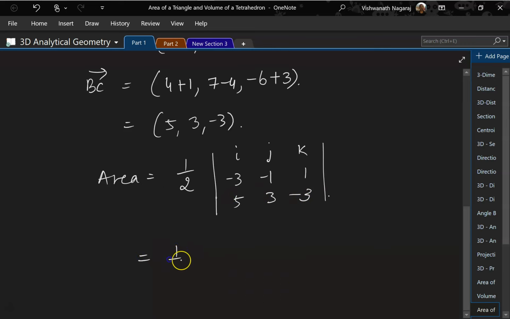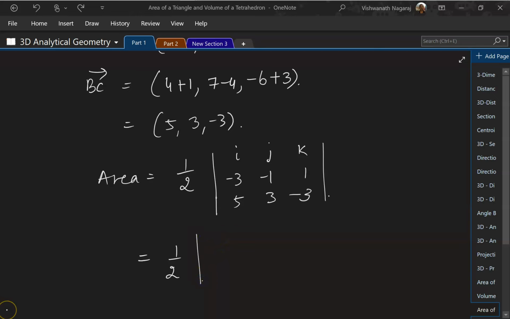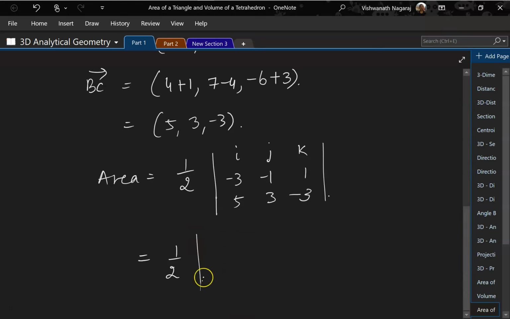Okay. Let's figure out this. Here we are interested in the magnitude of this, so let me not include half. Let's evaluate the determinant first. So first let's evaluate AB cross BC, right?